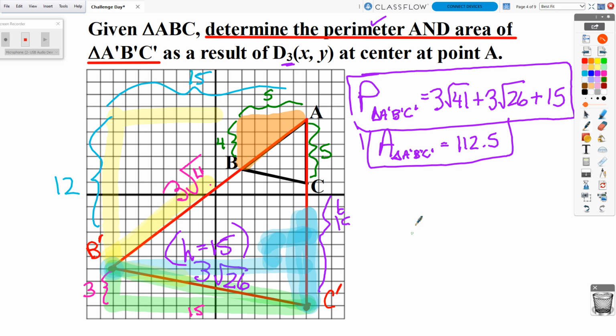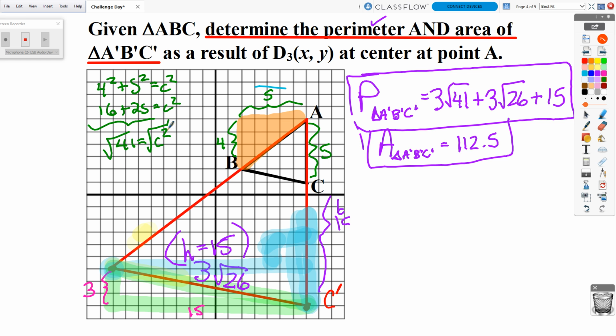So Pythagorean theorem, I'll do it over here. 4 squared plus 5 squared equals c squared. 16 and 25 add up to 41, so c squared equals 41. Then we take the square root, and the square root of 41 is prime, so the length of segment AB is exactly the square root of 41. It doesn't simplify at all.